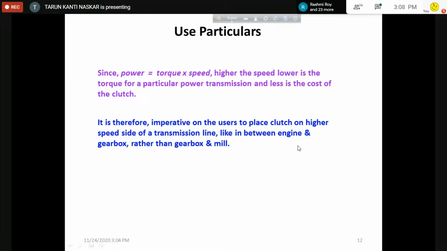In the transmission line, there is the engine and gearbox, and then the gearbox and mill, that is the machine. So we have to place it in between the engine and the gearbox. Clear? From the gearbox, speed is reduced. So the clutch is used on the higher speed side.